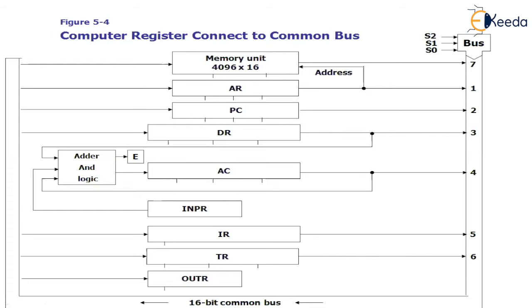Now, the control unit is going to receive the clock pulses, and during which it is going to enable those registers which are needed to take part, which are needed to be involved in that specific transfer. For an example, in T0, there has to be a transfer from program counter to address register.